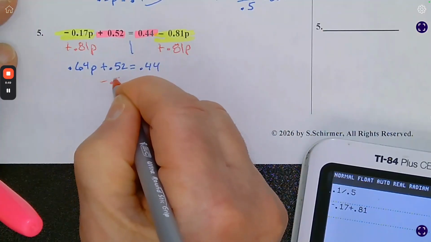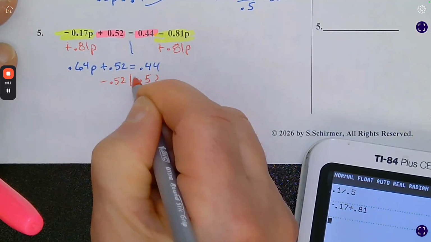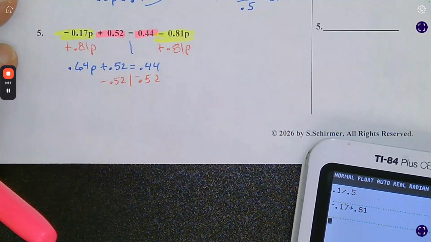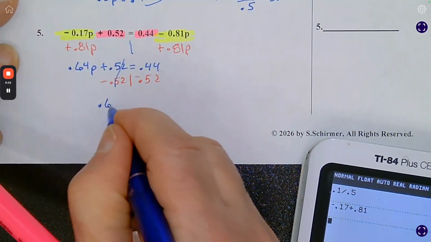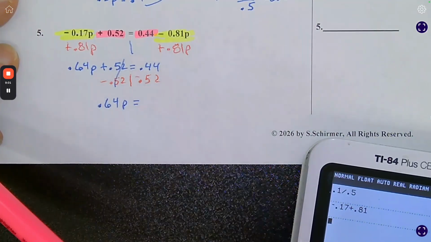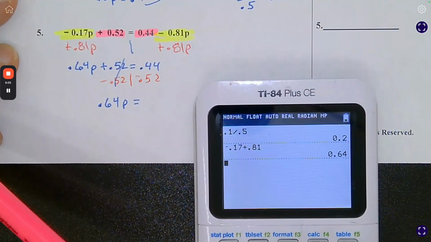So the opposite of a plus is a minus. Remember, what I do to one side, I got to do to the other. Minus, simplify. That goes away. 0.64p equals, I think that's negative 0.8, but I'm going to double check because I don't want to make a mistake, because I didn't use the technology in front of me. It is negative 0.08.